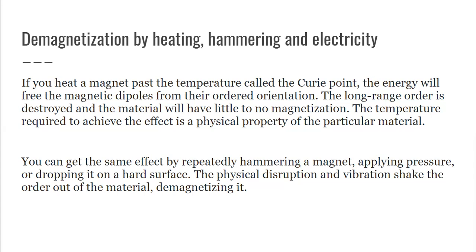So you need to be very careful how you deal with a magnet. Physical disruption and vibrations shake the order out of the material, thus demagnetizing it. So these are a few ways you can demagnetize a material.